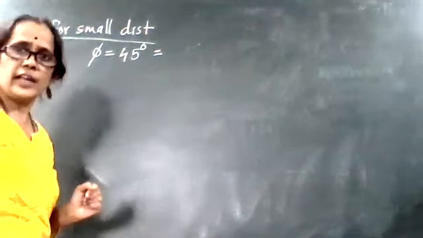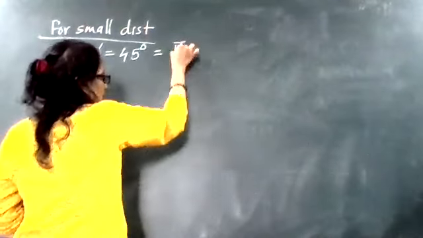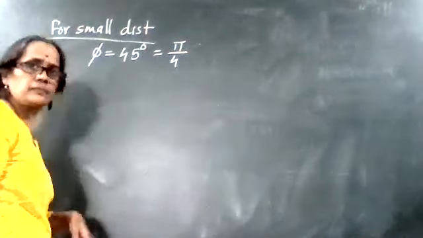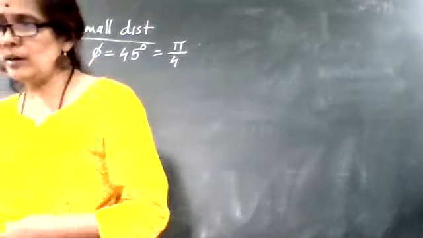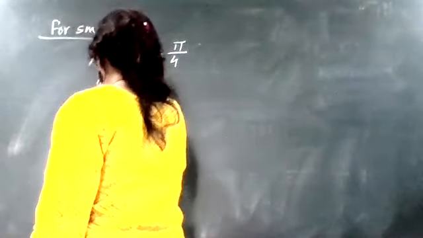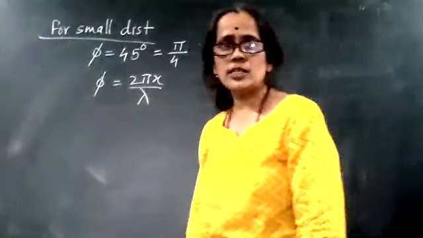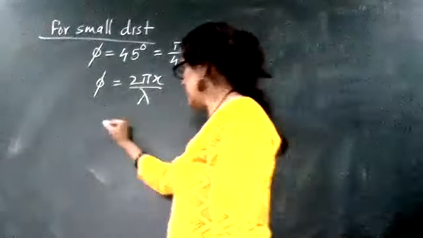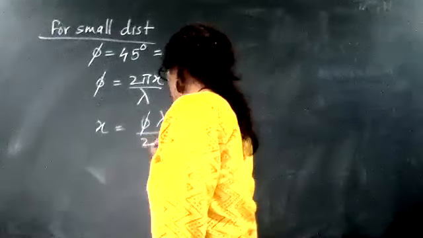This 45 degrees I will convert into radians, so 45 degrees in radians is nothing but pi by 4. That is given. Now you have to find the value of x. So the phase difference phi is equal to 2 pi x upon lambda. So x is equal to phi lambda upon 2 pi.